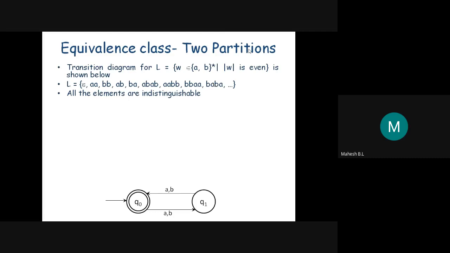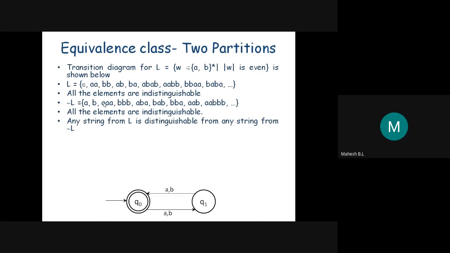So all elements which are a part of L are indistinguishable with respect to L. Not L has strings which are of odd length. All elements of not L are indistinguishable. So if you consider any element of L, it cannot be distinguished from other elements of L. Similarly, in not L, any element cannot be distinguished from other elements of not L.